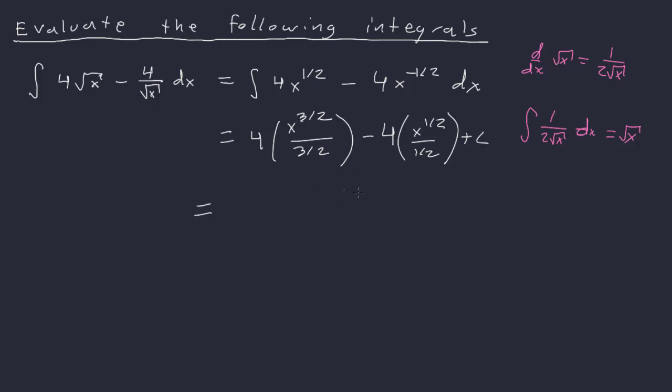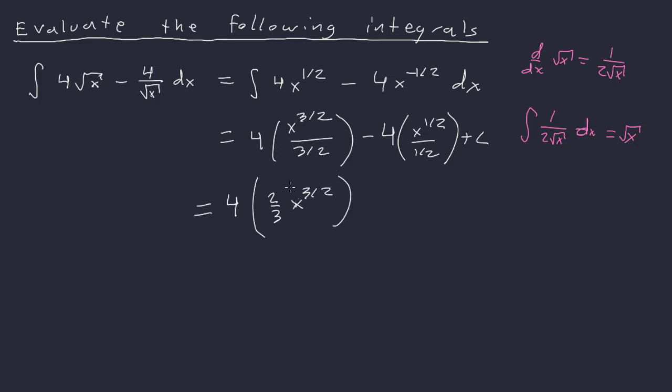Now, I want to show something very specific here. This will be 4 times, whenever you're dividing by a fraction, you're going to invert and multiply. So this will be 2/3 x to the 3/2.